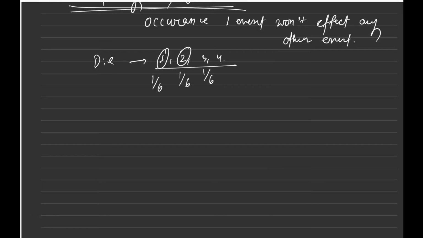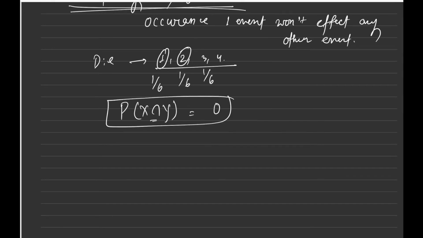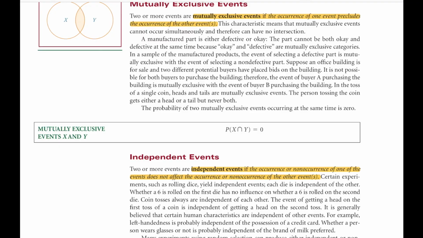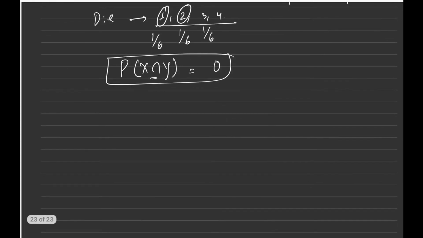So in the mutually exclusive, the x and y intersection will be 0. So if you read here, the probability of two mutually exclusive events occurring at the same time is 0. Either you will get 1 or you will get 2 or 3 or something like that if you roll the die. So probability at the same time is 0.